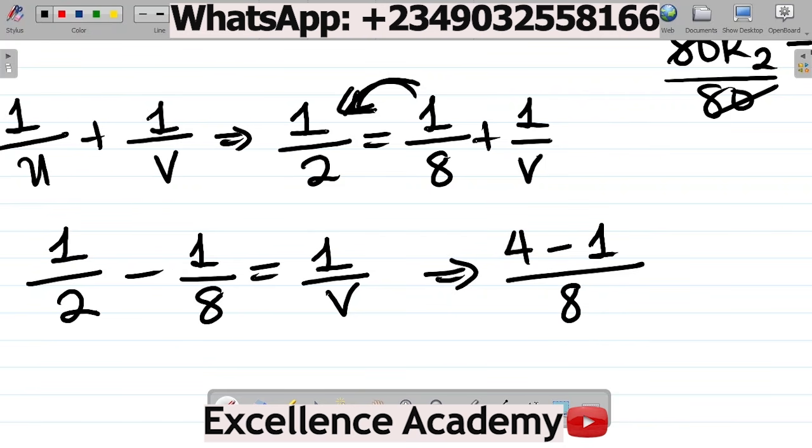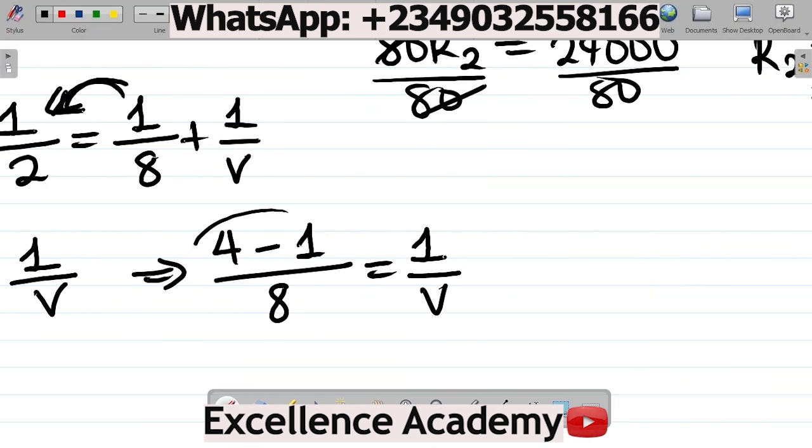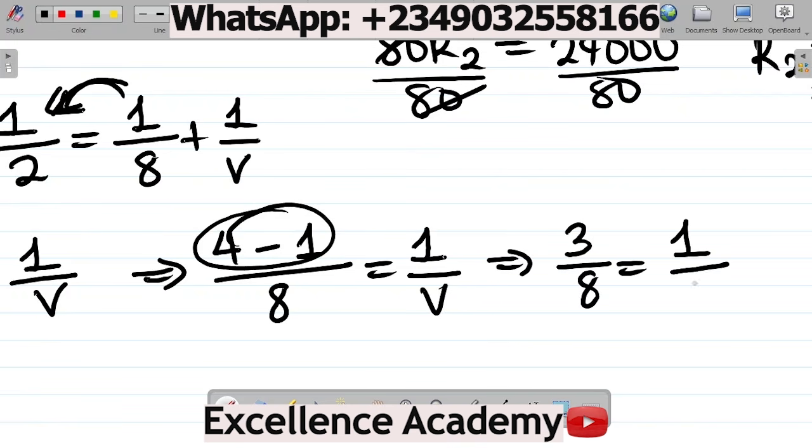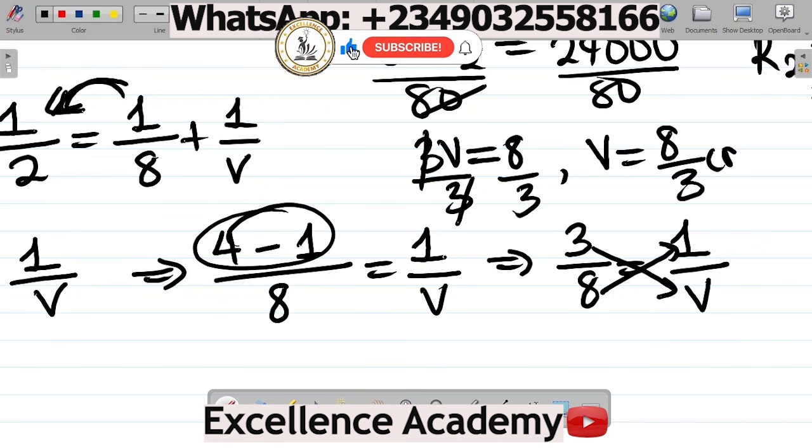So you have 4 minus 1 gives you 3, so 3 over 8 is equal to 1 over v. Cross multiplying, 3 times v gives you 3v is equal to 8 times 1 gives you 8. Divide both sides by 3, this cancels this. So the image distance v is equal to 8 over 3 in centimeters.